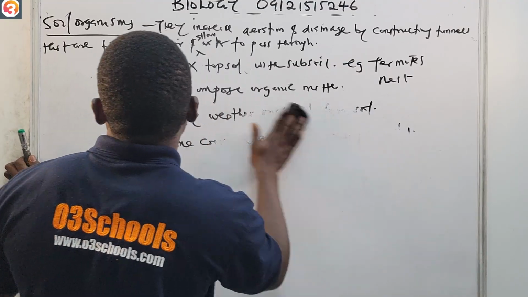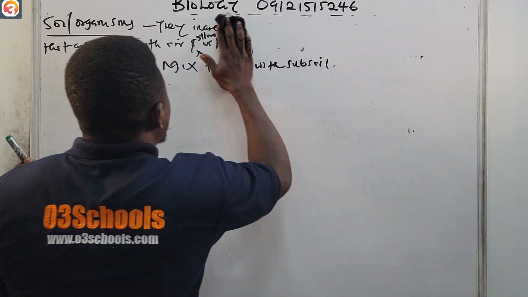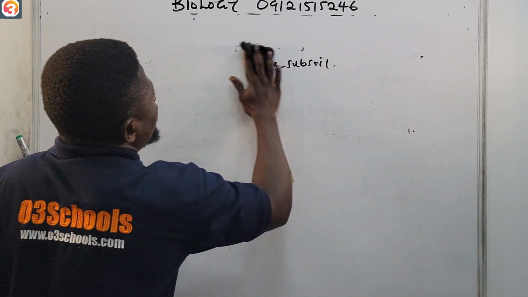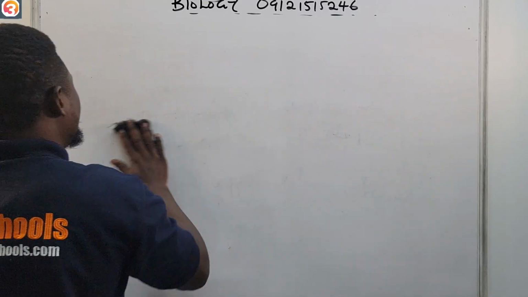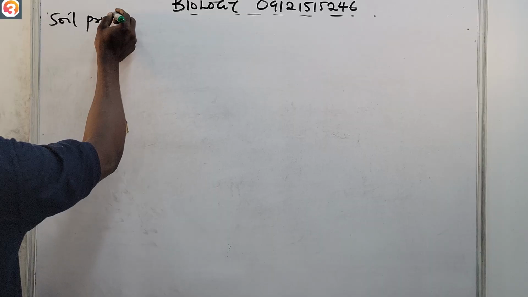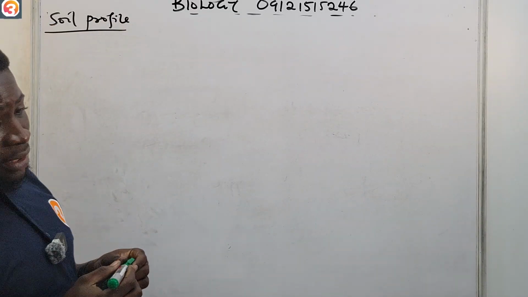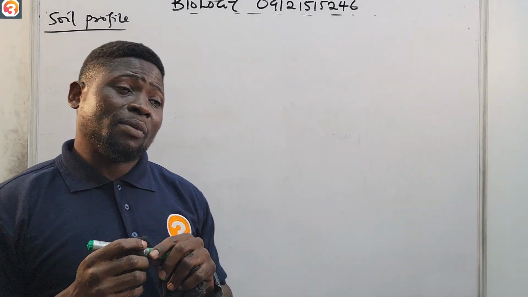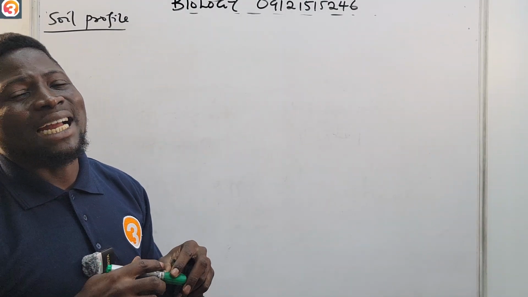Let us now go to soil profile because of time. Here we're going to see the different sizes of the types of soils that we have. Now, what is soil profile? First of all, we talk about soil profile before we start talking about sizes of particles or how they are classified.